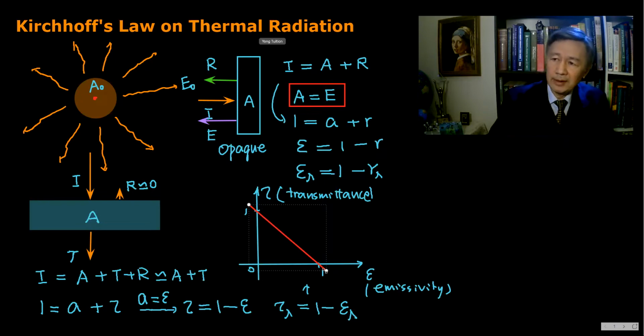All of these simple relations come from Kirchhoff's law, by assuming that the power of absorption is equal to the power of emission. But things can get very complicated, because in this discussion we haven't talked about the condition when this assumption is valid. So let's talk a little bit about the generalized form of Kirchhoff's law.